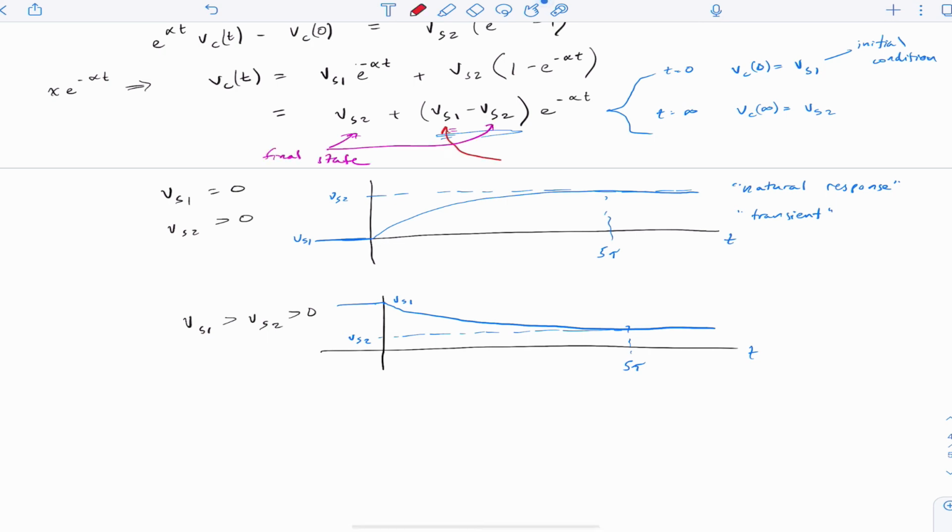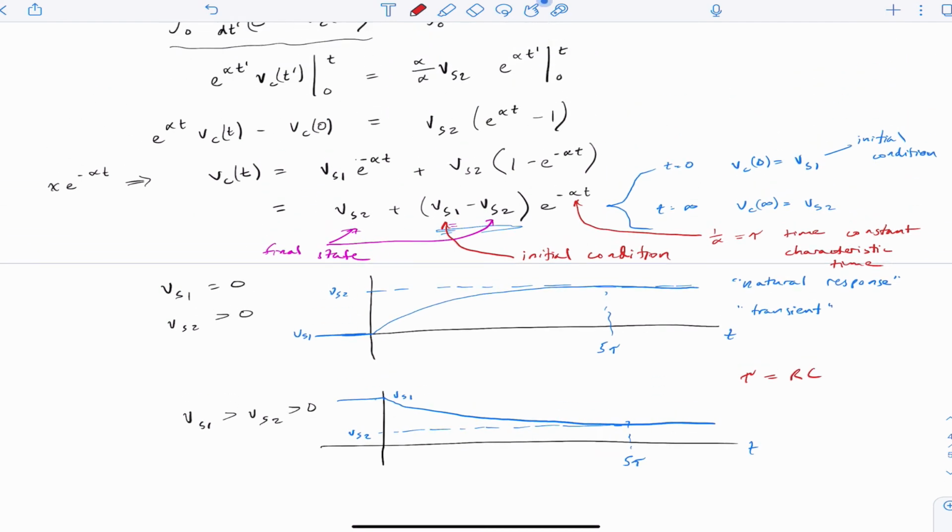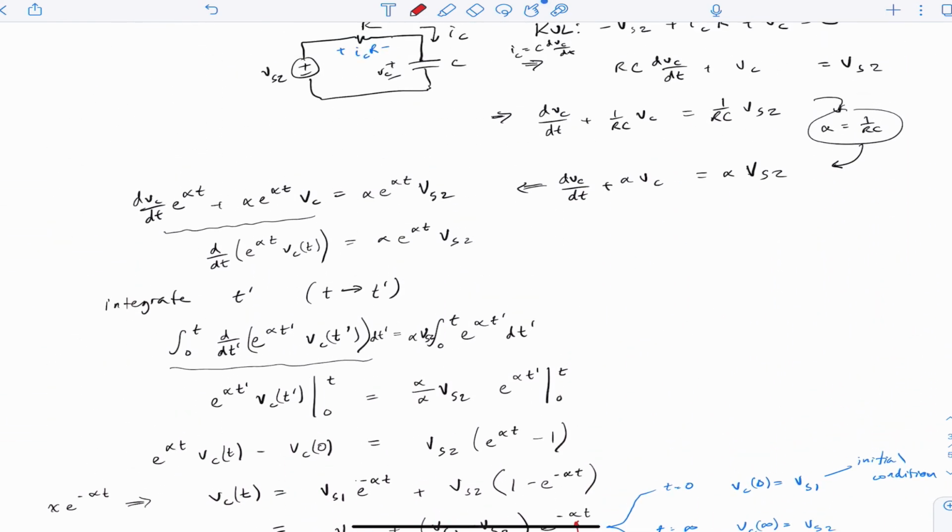This is the initial condition. And then we'll often use 1 over alpha with tau as a time constant or characteristic time. So in the case of an RC circuit, you'd have tau is RC. Why? Because if you look where we defined alpha, then this is 1 over tau, and tau is RC. Okay, so that was the general treatment.